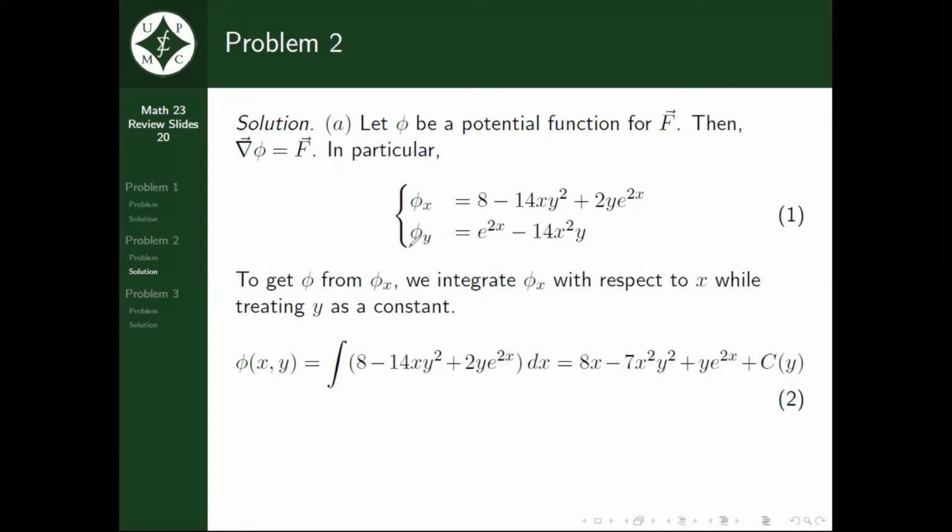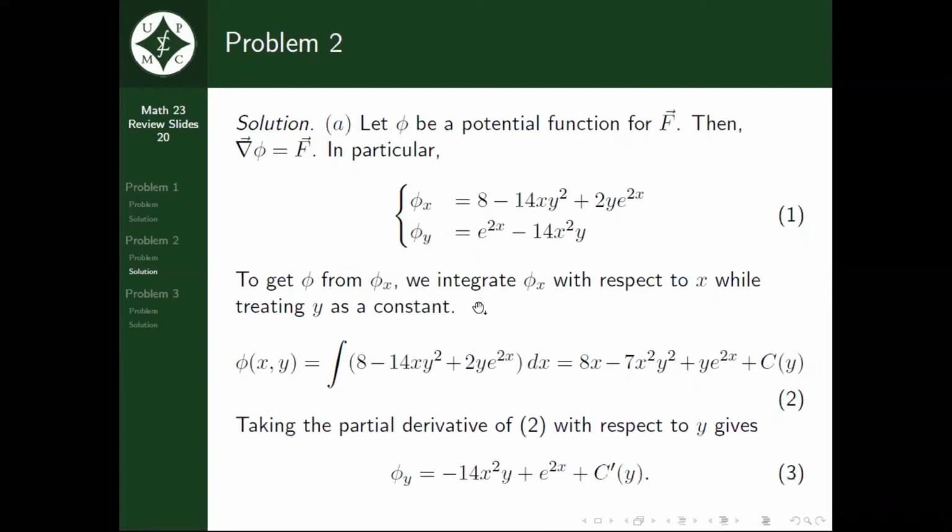However, whatever is given in the problem should, as much as possible, be used in our solution. So let's try to differentiate phi with respect to y, partial differentiation with respect to y. This will yield this one.